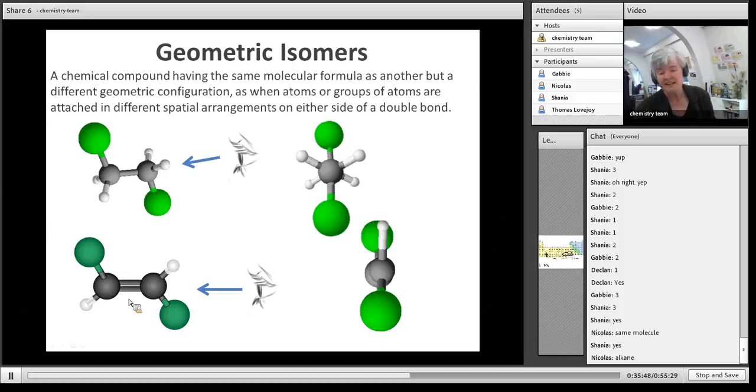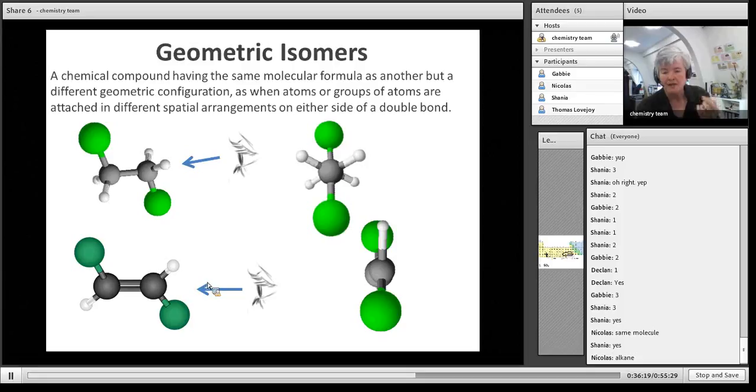And as an aside, I don't know exactly how true this is, so you could perhaps look it up yourself, but the fastest reaction in the world is a geometric isomer changing from one position to the other. In other words, where this bond is broken and it gets flipped up, and then it reforms. And that's what happens in your eye.